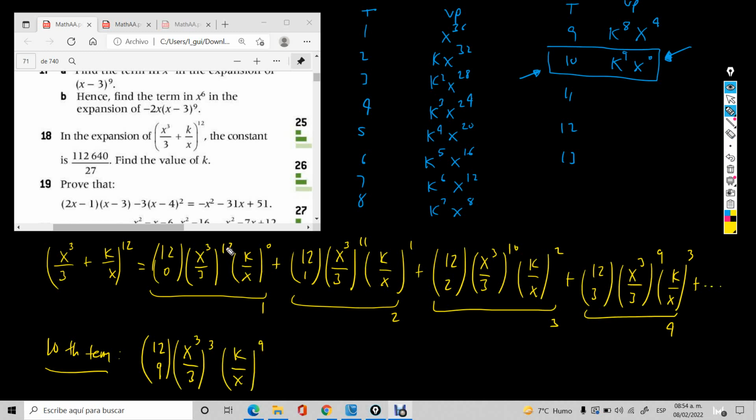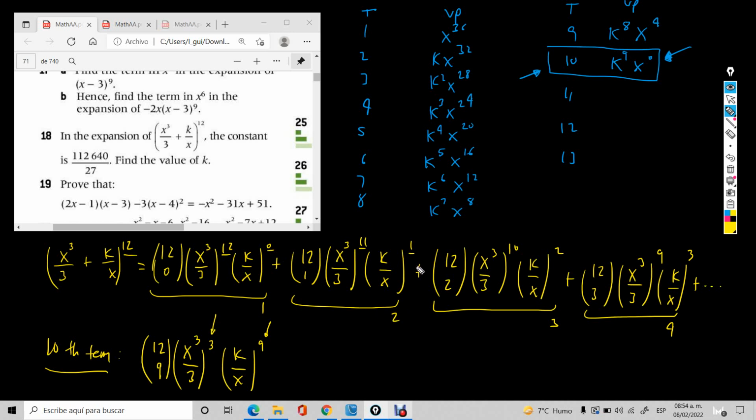Okay. Looking here, the sum of these exponents, guys, always gives you this exponent. You see, 12 and 0, 12, 11 and 1, 12, 10 and 2, 12. So how did I know that this exponent and this exponent are these ones? Well, if I'm looking for the first term, look at the exponent in this second factor, 0.